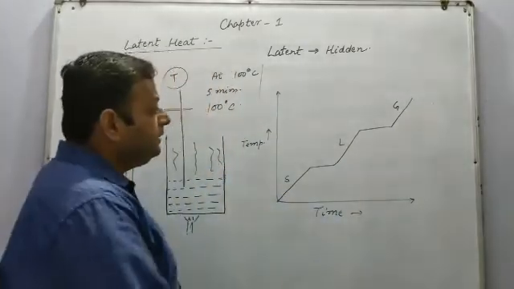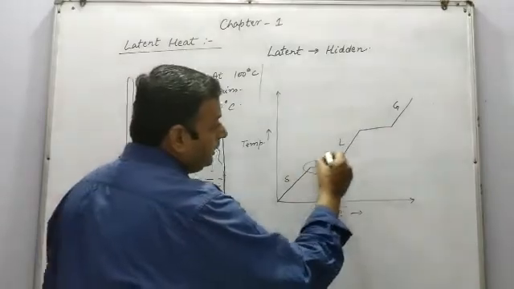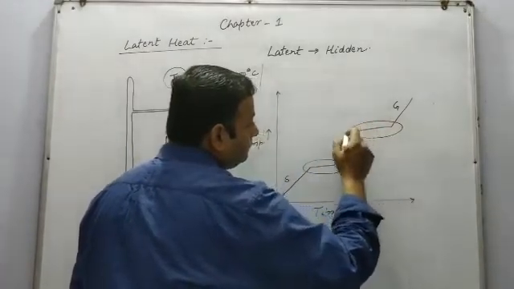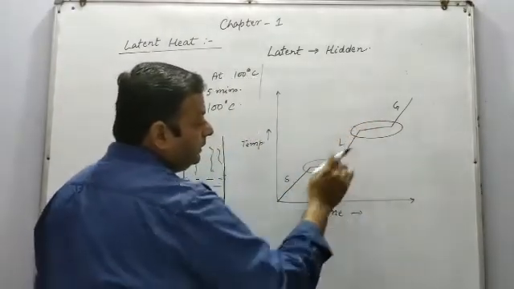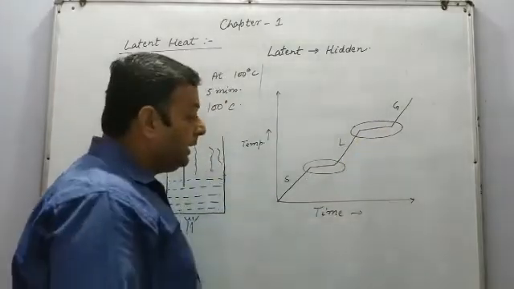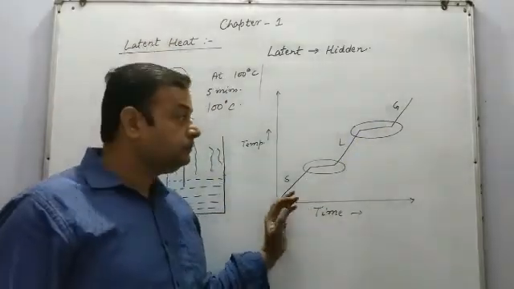So simply we can see that at this point and at this point, these are the 2 points where the graph line becomes parallel with the x-axis.